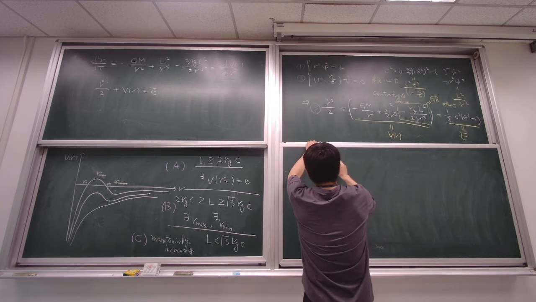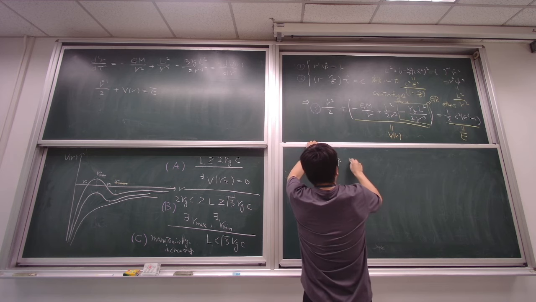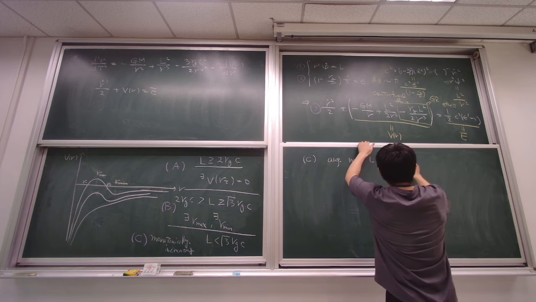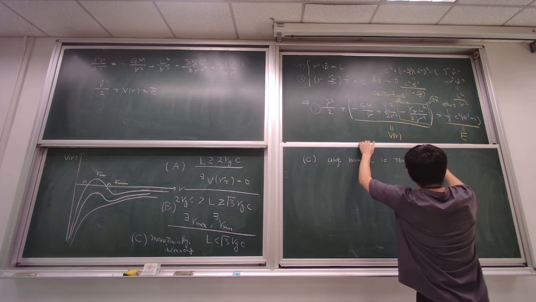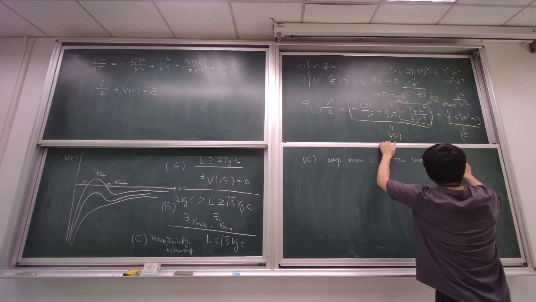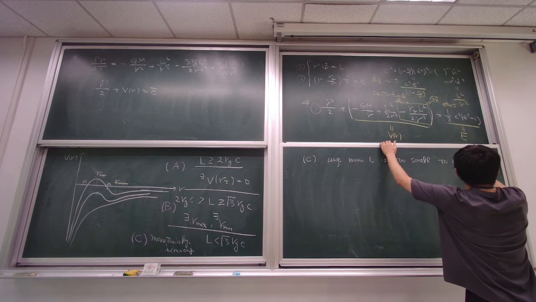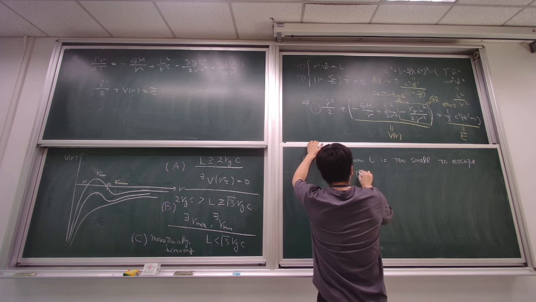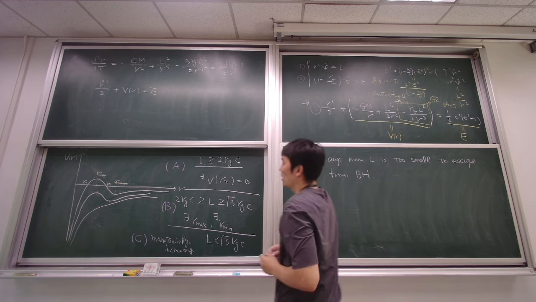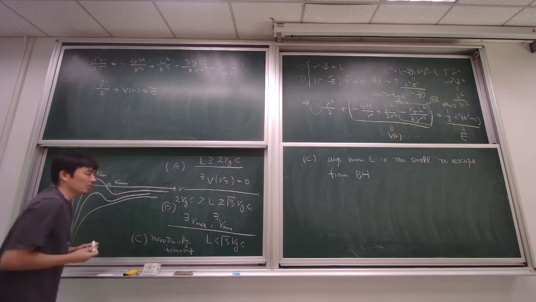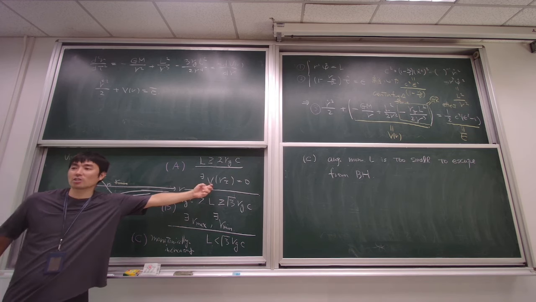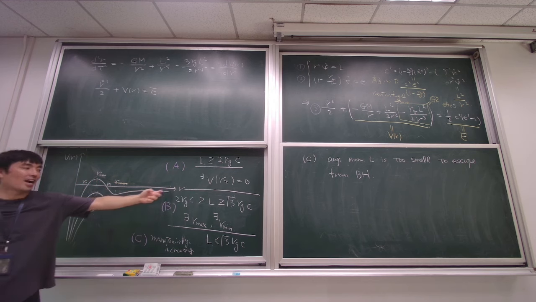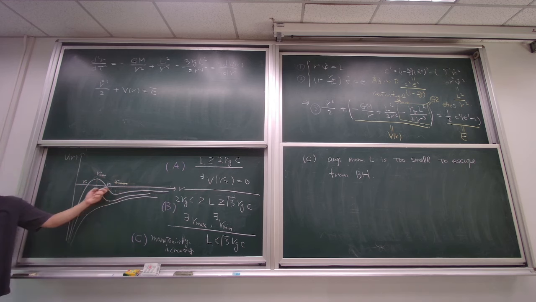So here the angular momentum L is too small to escape from the black hole. So you start with R going to infinity, and approach the black hole.